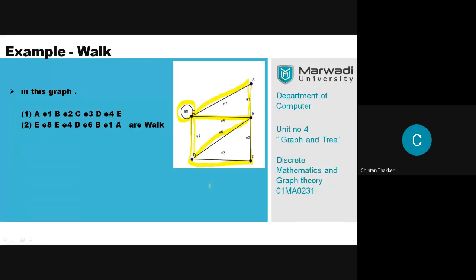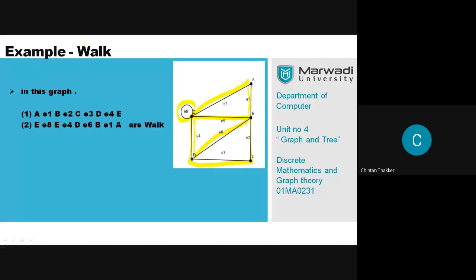Now one more thing here. In a walk, when you take an edge, the vertex before the edge is one endpoint of the edge, and the vertex after the edge is the second endpoint of that edge.